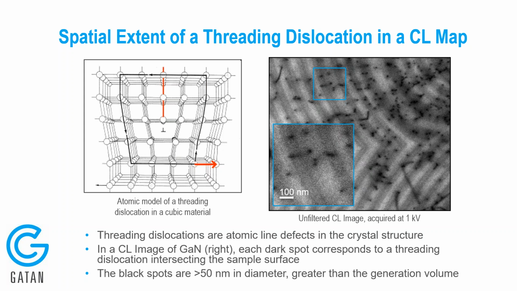So, should we ever expect to beat minority carrier diffusion as a spatial resolution in a CL map? Well, the answer is possibly, and that really depends on the structure of your sample.